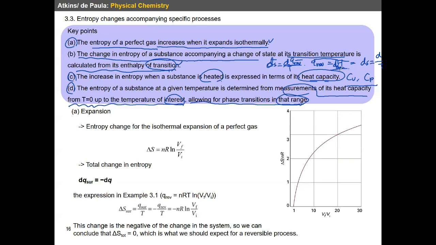The way to measure this entropy is measuring the heat capacity and then finding the points of phase transition. Using the phase transitions and the heat capacity, we can calculate the entropy.